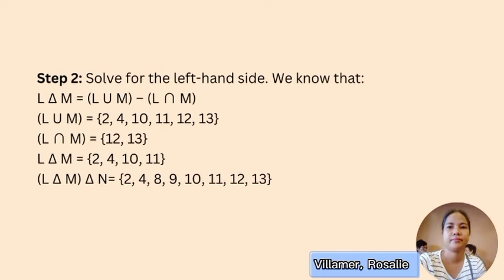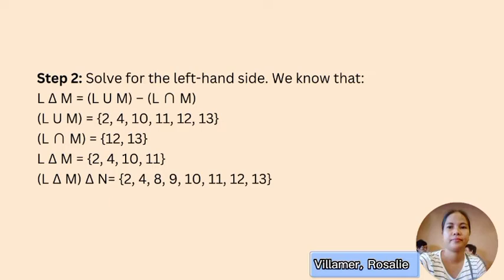We know that the symmetric difference of L with respect to M is equal to the union of L and M minus the intersection of L and M. The union of L and M is equal to the collection of elements 2, 4, 10, 11, 12, and 13.